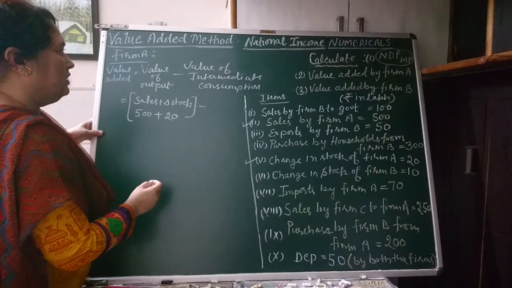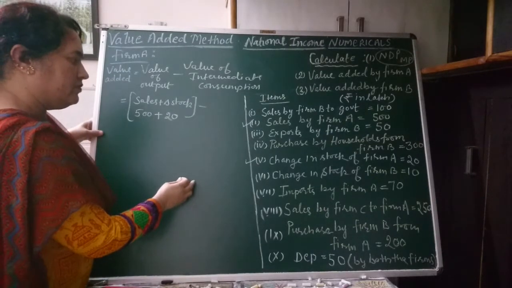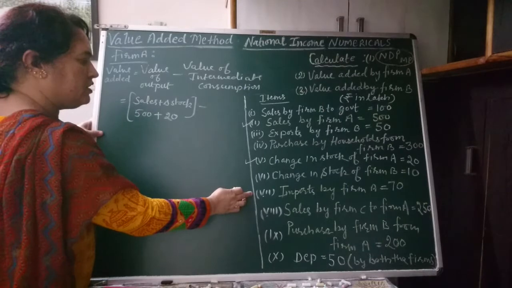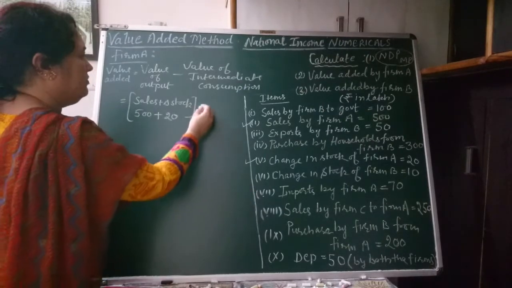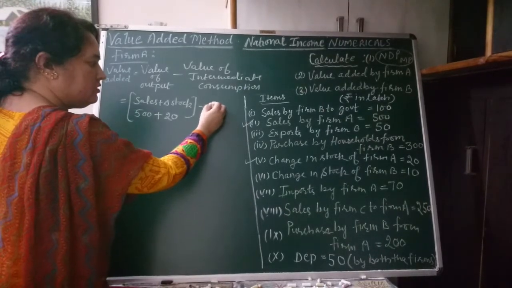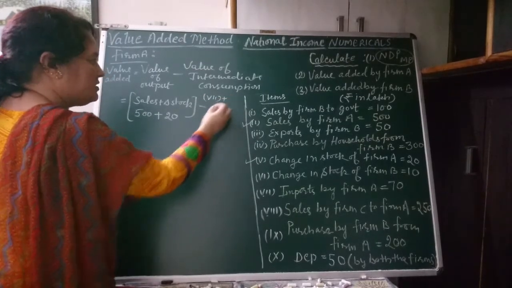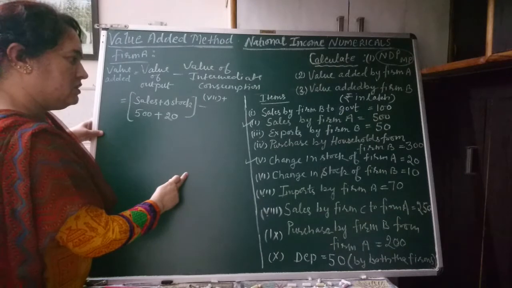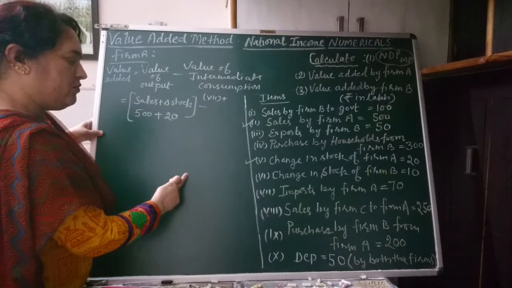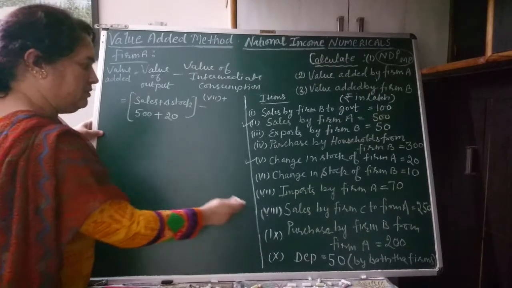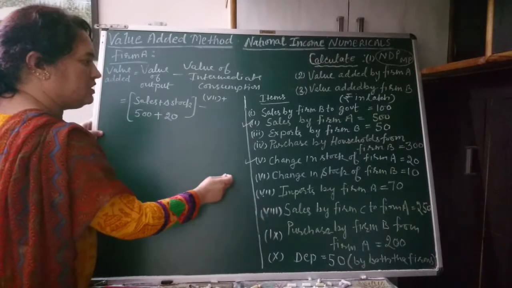Then value of intermediate consumption: number 1, imports by firm A, that is item number 7, plus sales by firm C to firm A. It means firm A has purchased from firm C.